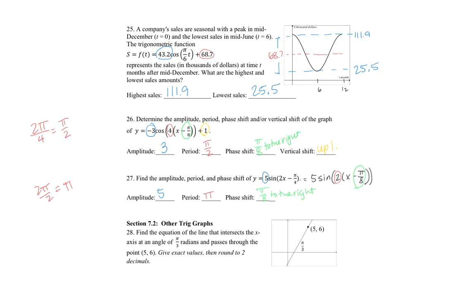Okay, so if I look at this one, find the equation of the line that intersects the x-axis at that point. One thing we want to know is that the tangent of this angle will be the slope of this line. And why is that? Because the tangent is y over x, or the change in y over the change in x. So the tangent of that angle is going to give us the slope. So the slope, m, is equal to tangent of pi over 3.